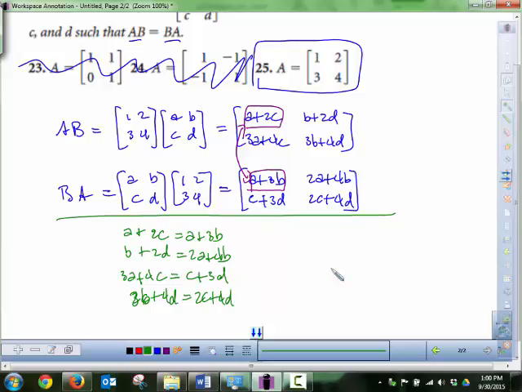Looks like a big mess right now, but essentially you have 4 equations and 4 unknowns, and they're all linear, so it's really just a set of linear equations.